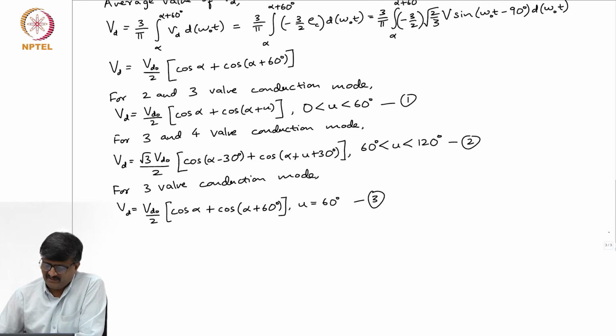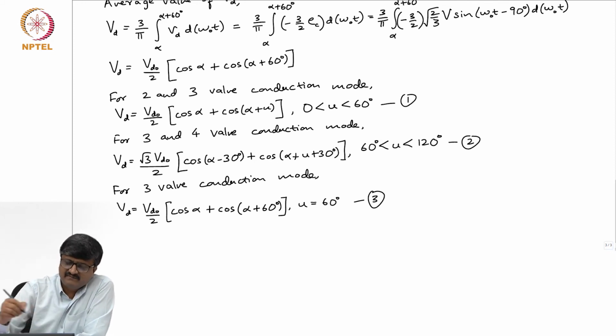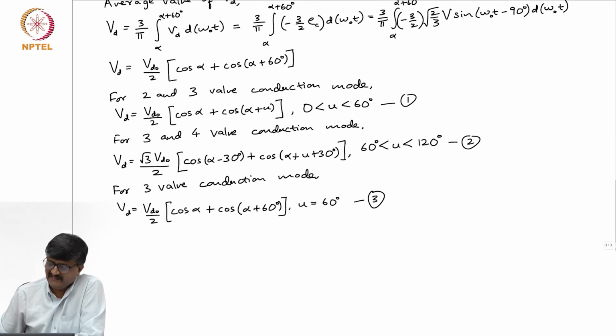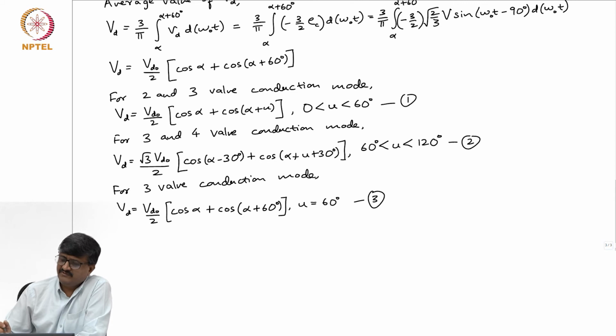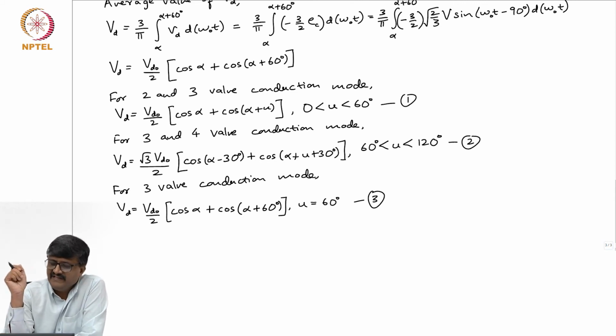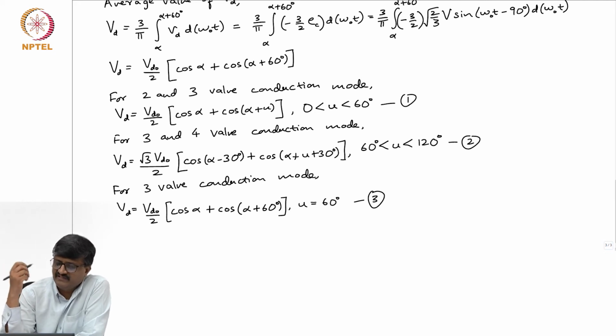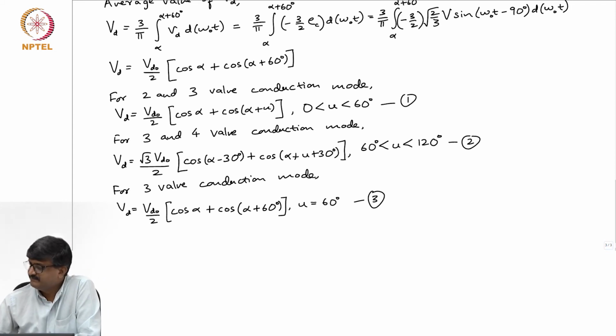The expression for Vd for u equal to 60 degrees is in terms of Vdo and alpha because u takes a specific value of 60 degrees. So I will try to take the limit of the expression for Vd in equation 1 as u tends to 60 degrees and show that we get equation 3.